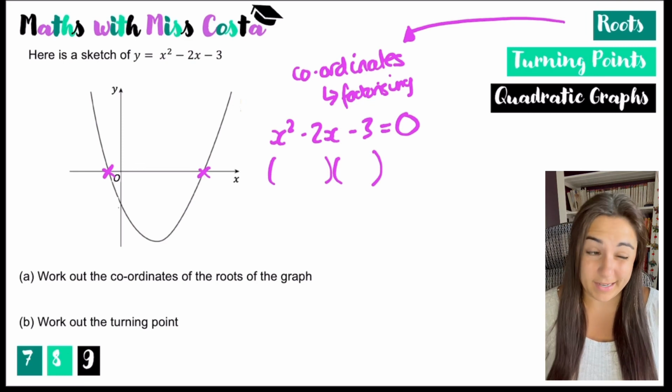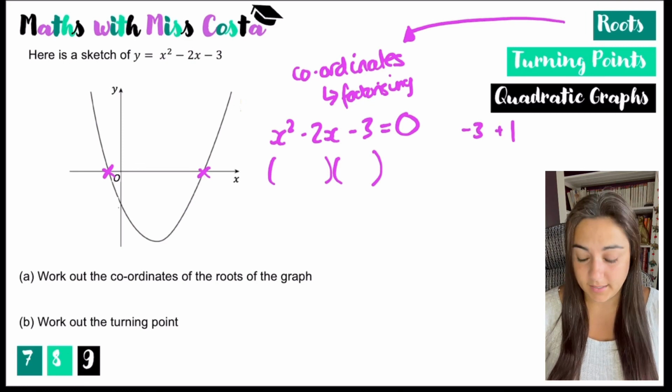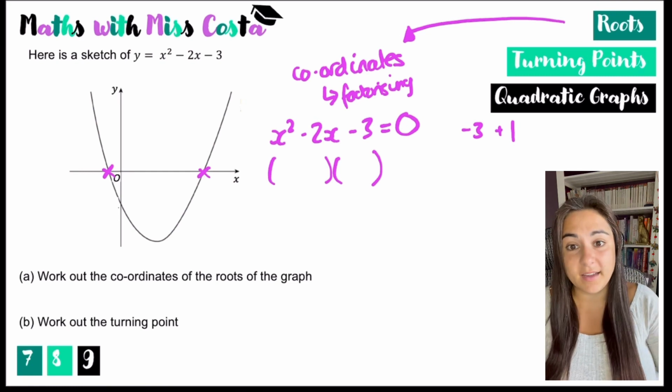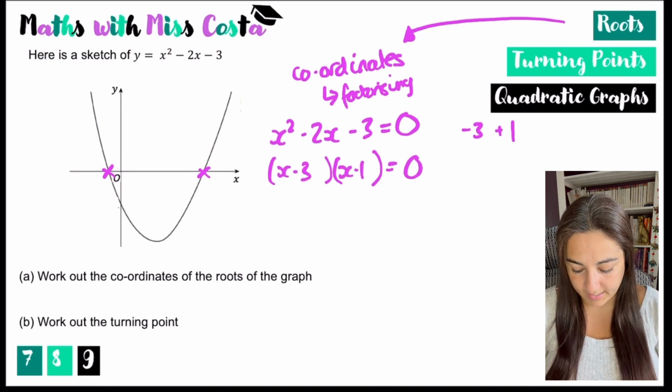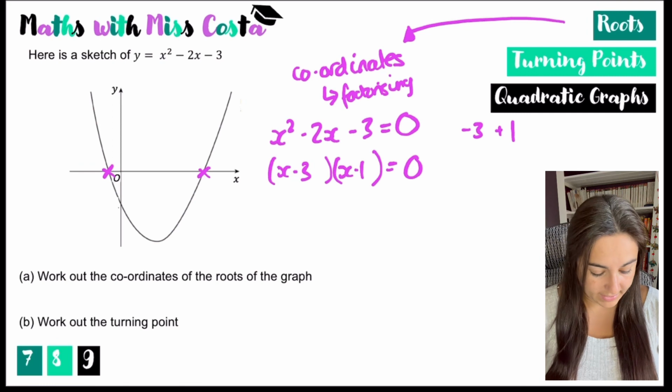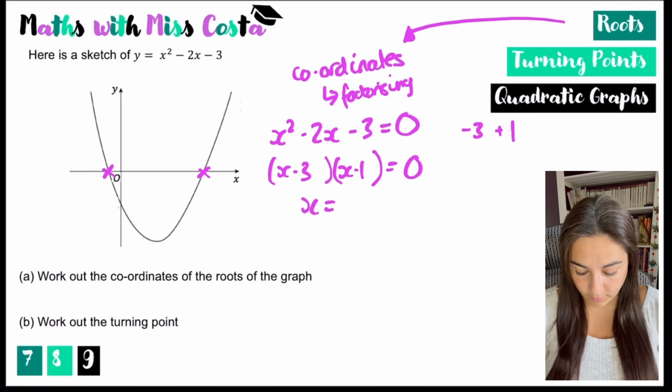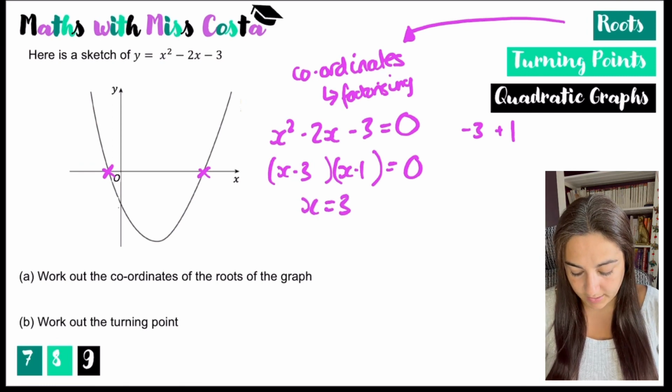Then factors of -3: -3 and 1. -3 plus 1 multiplies to make -3, and adds to make -2. So we've got (x - 3)(x - 1) equals 0. Now, just like before when we were solving the equations, hopefully by now you know that when you're solving, it's the inverse. So the coordinate for x would be 3 and 1.